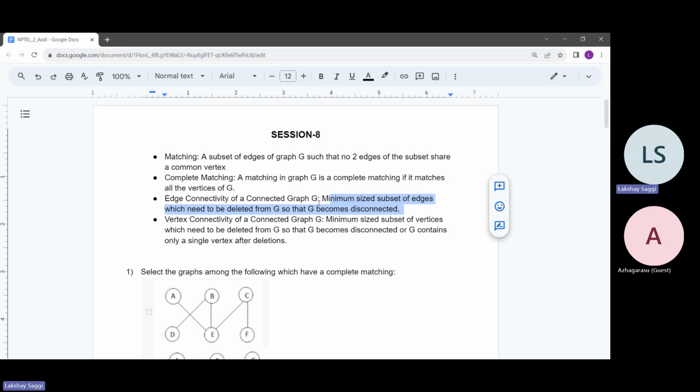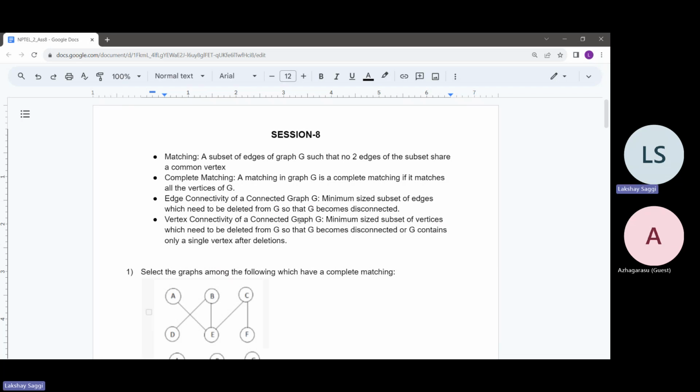But for vertex connectivity, the definition is the minimum size subset of vertices which need to be deleted so that G becomes disconnected, or G contains only a single vertex after deletion of vertices. Suppose there were n vertices and I had deleted n minus 1 vertices, then I would be left with only a single vertex.